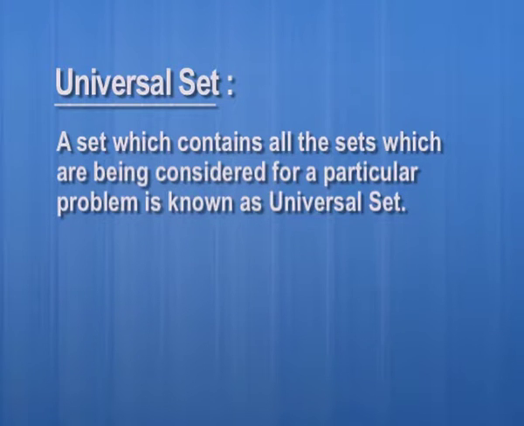Now we come to a very important point. Whenever we discuss problems including sets, there is always a set which contains all the sets which are being considered for that particular problem. This superset, which is having all the sets under consideration as its subsets, is known as the universal set.